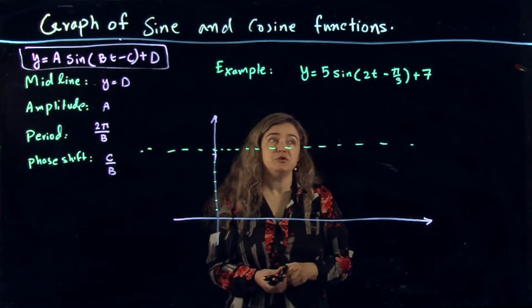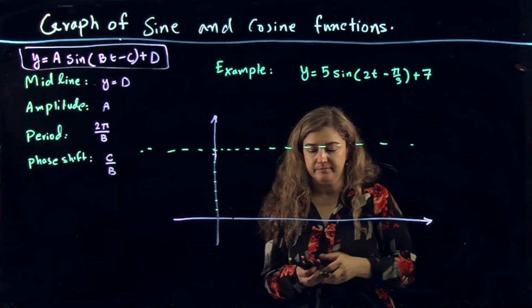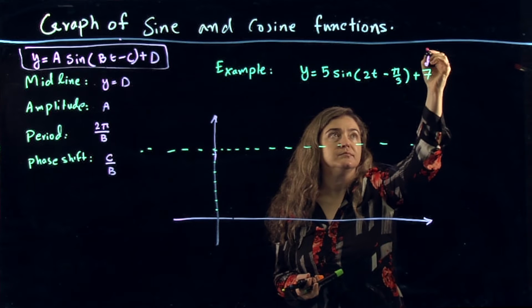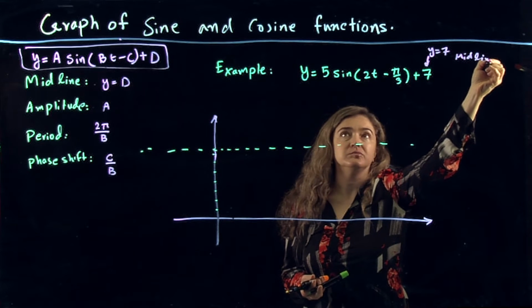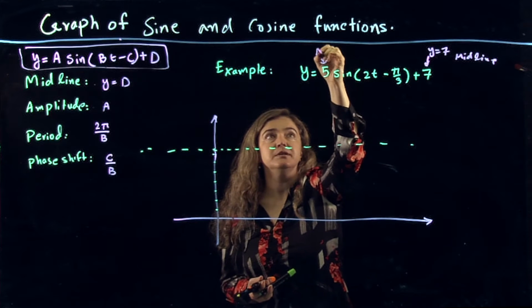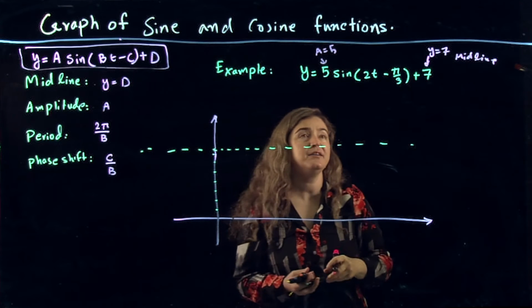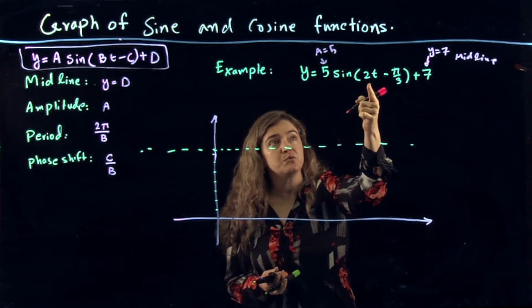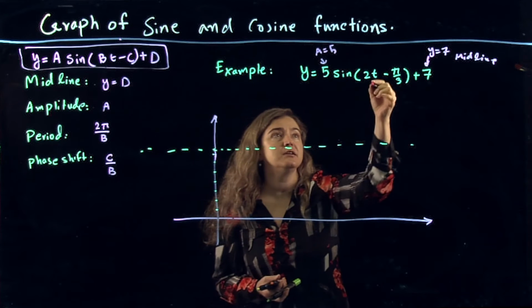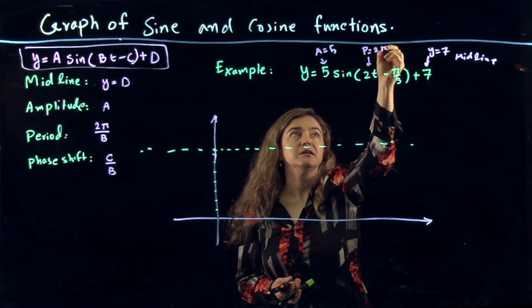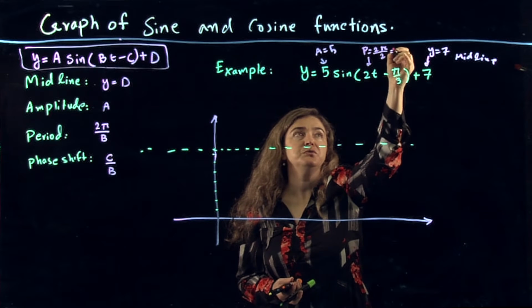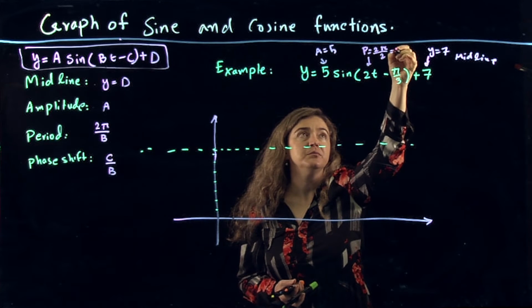Then amplitude: midline, y equal to 7. Amplitude is equal to 5. What else do I know? I know that the period is going to be 2 pi divided by 2, that is equal to pi.